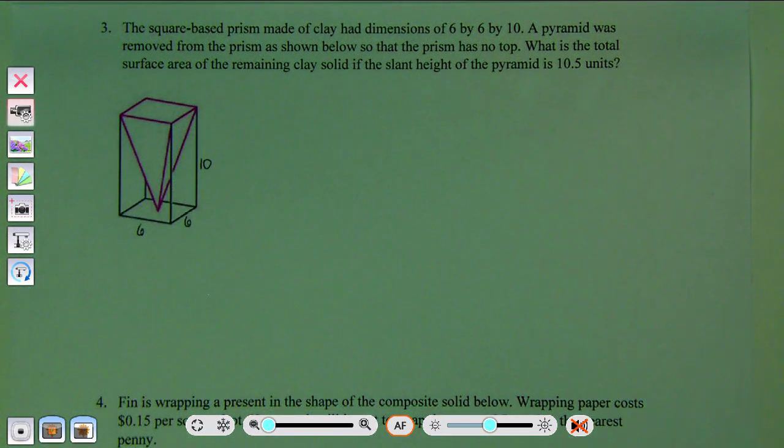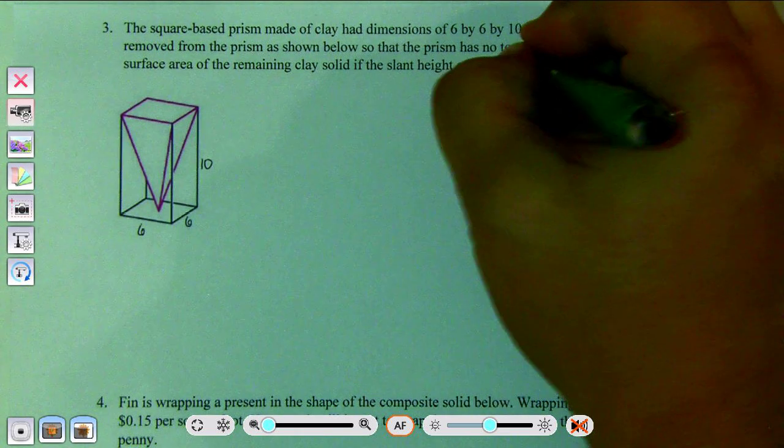A pyramid was removed from the prism as shown below. So the prism has no top. So this is like a box with no top. Already I'm starting to think a box with no top only has 5 sides. It doesn't have the traditional 6 sides. It says specifically we have no top.